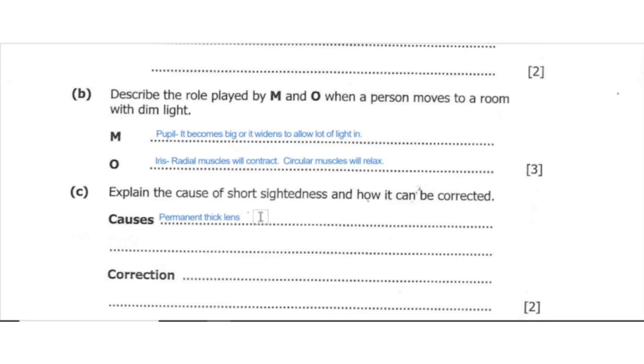So this way, permanent thick lens, we can also explain it like loss of flexibility.